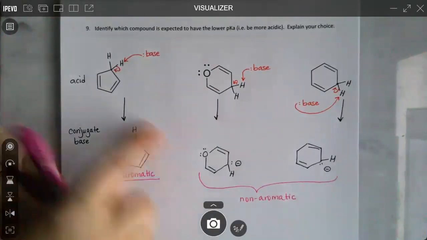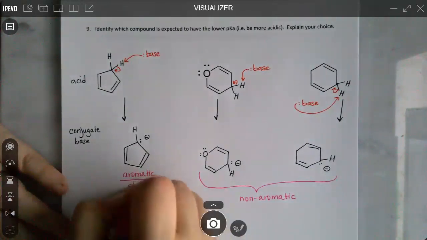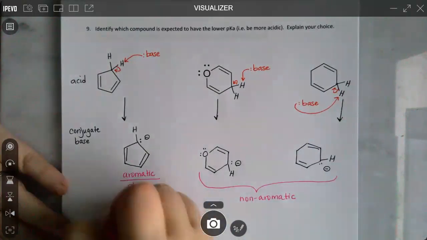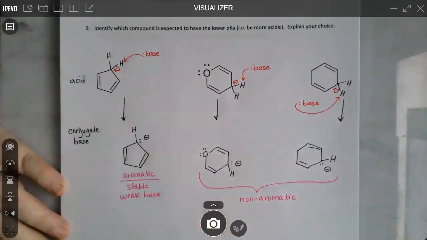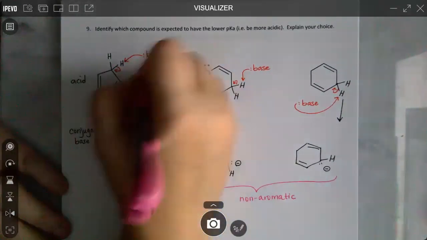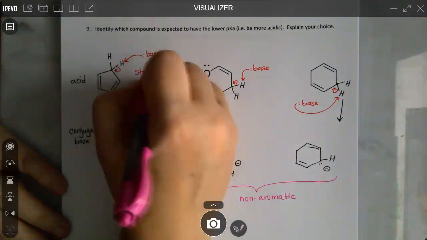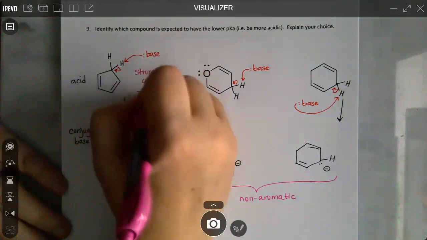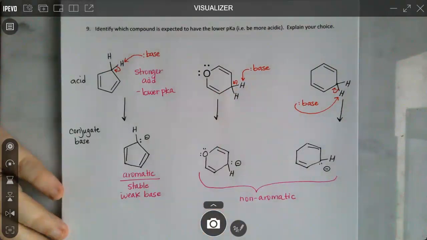So the fact that this is aromatic means it's stable. And if this is stable, we would say that this is likely going to be a weak base, which means this is likely the stronger acid, right? It will have the lower pKa, right? And we can say more acidic.